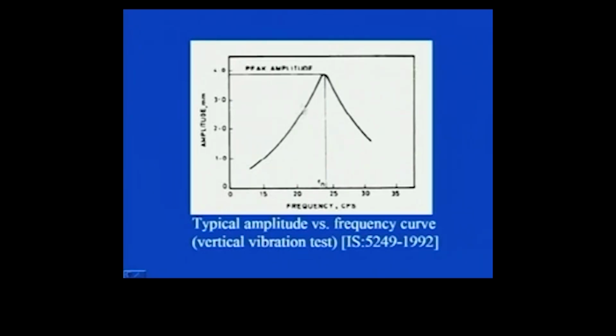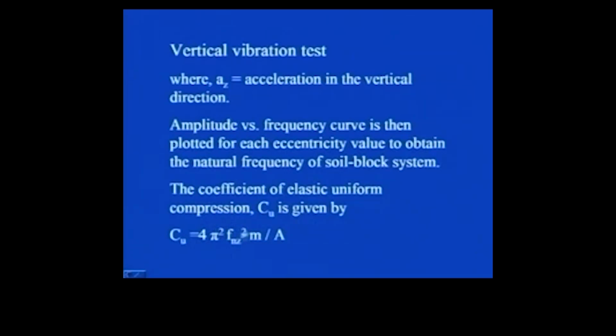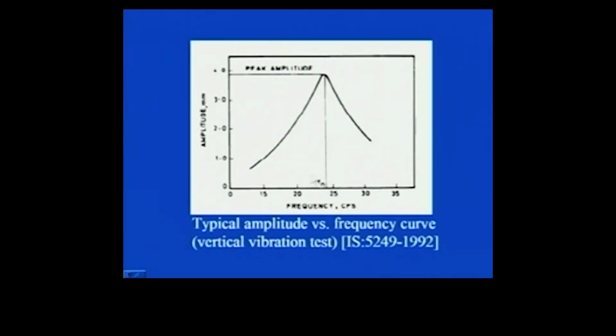First the amplitude will go on increasing, then it will attain a peak value, and after that it will go on reducing. Corresponding to that peak amplitude, whatever is the frequency, that frequency is Fn. That is the natural frequency which we are interested in finding out. To know this Cu, we need to know this Fnz, so that is what we are finding out from this particular response.